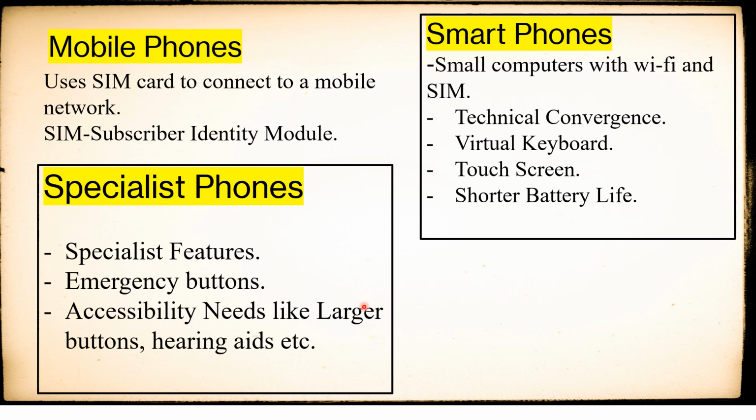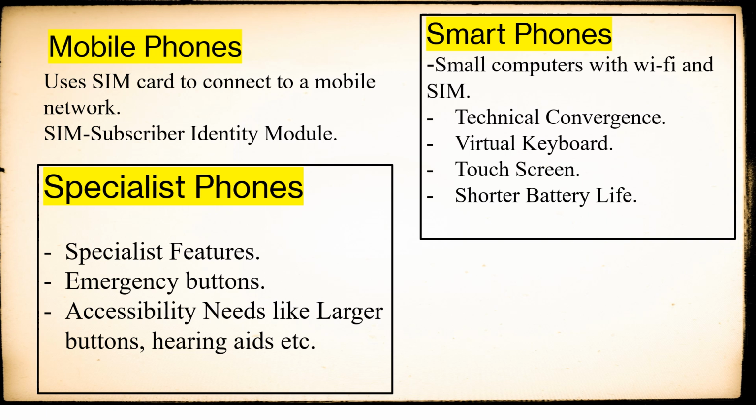Now, another category is specialist phones. Specialist phones have specialist accessibility features. The first feature of a specialist phone is emergency buttons. Emergency buttons means it has the feature to set a button as an emergency number. So when we long press that button, the call will be automatically forwarded.